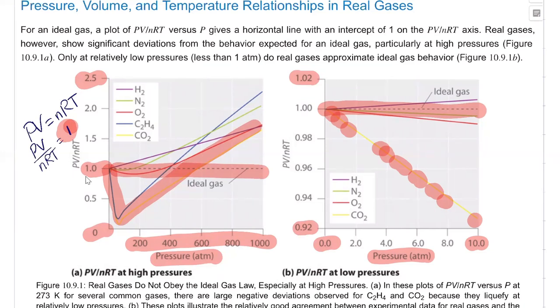So the ideal gas equations we've been using successfully describe real gases under low conditions of pressure. That's the takeaway message from these two graphs. At low pressures, real gases behave ideally, but under high pressures, they do not. They deviate. The question is why? Why do they deviate from ideal behavior at really high pressures? That's what we're going to take a look at.